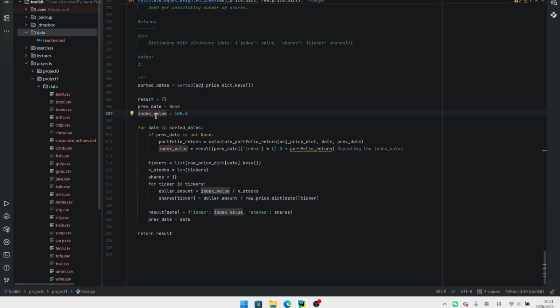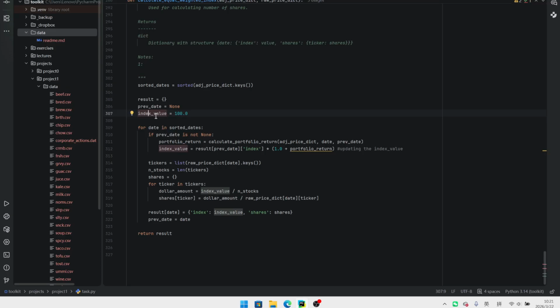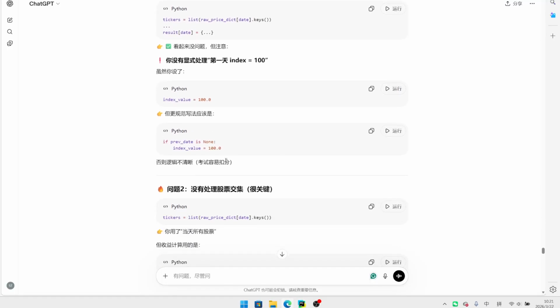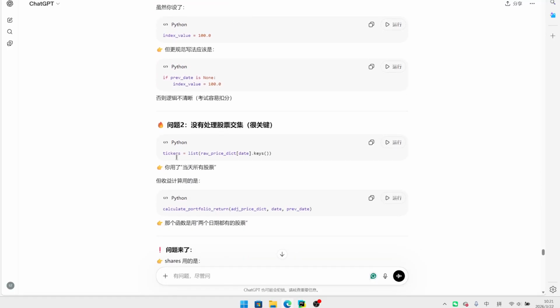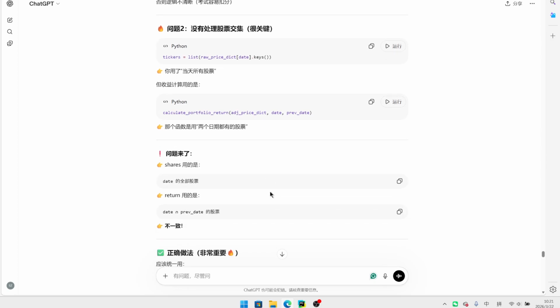So if first index were 100, ticker is the least real ticker. Share use, what's the difference?